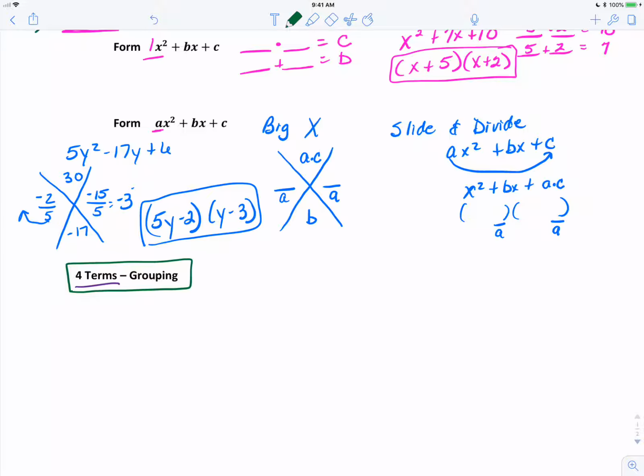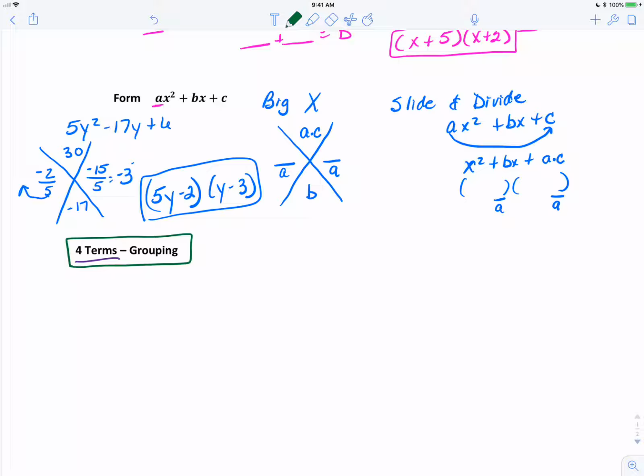It's been a little while since that was a few videos ago. Let's do this one: 3x cubed minus 2x squared minus 6x plus 4.